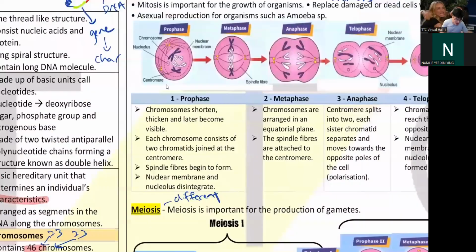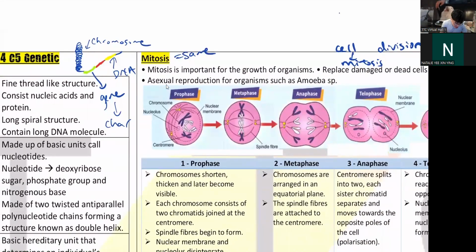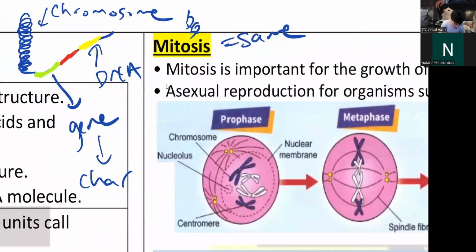How do I remember this? Very easy. You see, this is mitosis, there's extra, so one more cell. That's how I remember. I know it sounds silly. And if you don't memorize it like this, you see the T in mitosis, T is plus.